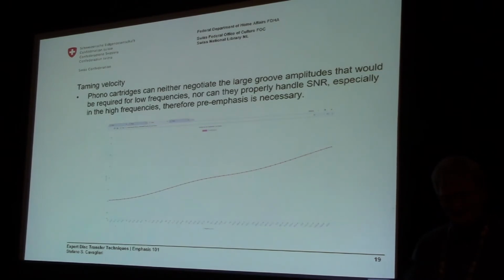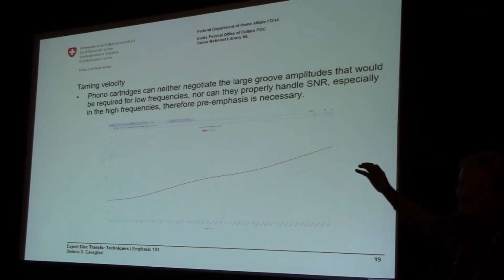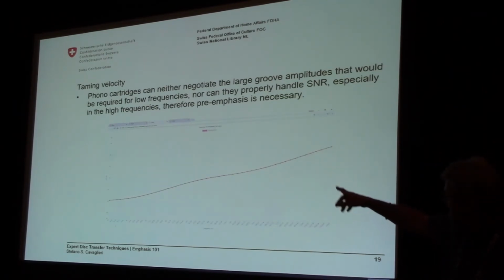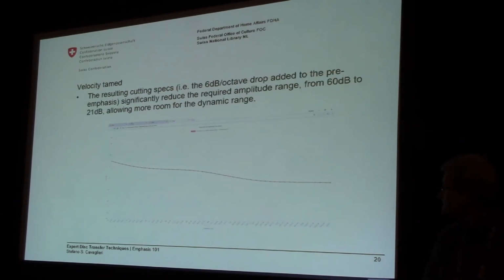pre-emphasis is necessary. So what are we doing? At cutting, at recording, we are introducing an equalization curve, such a correction, which is in the opposite direction compared to the characteristics of the cutting device, which gives us a result like this. This is actually the resulting cutting specs, taking everything into account.